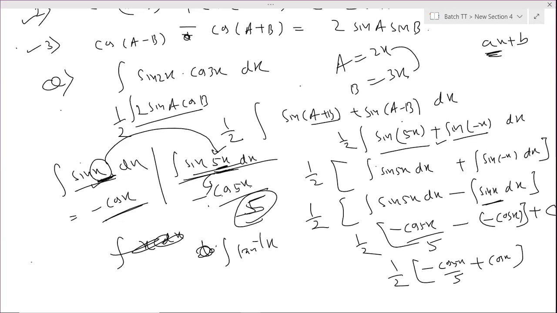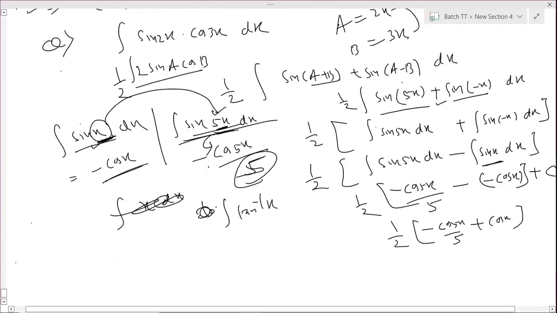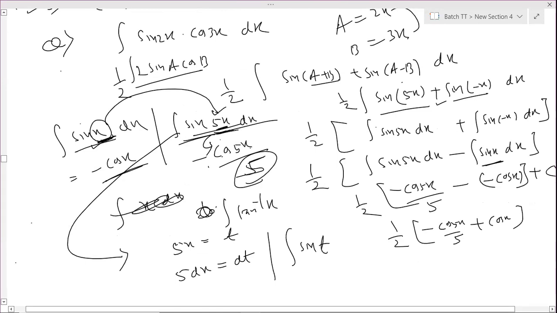Let me just quickly explain this using substitution. Take 5x as t, so 5 dx will be dt, right? So this integration becomes integration of sine t, and dx you can write as dt by 5, so this is 1 upon 5.